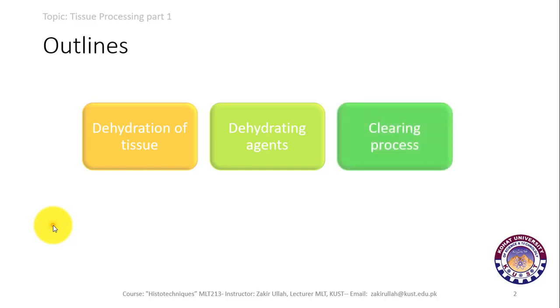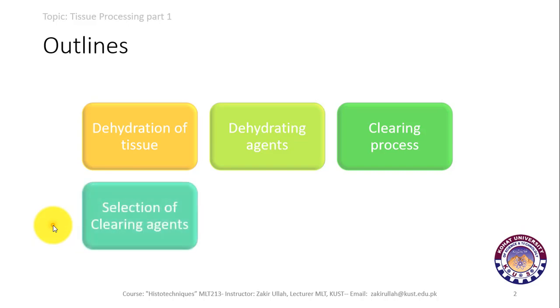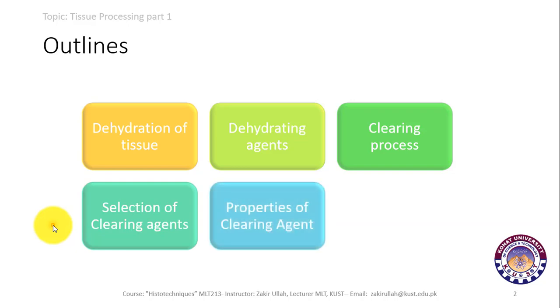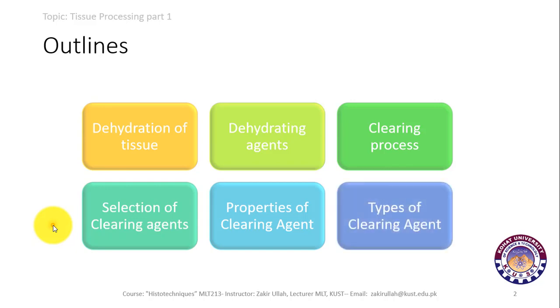After that, we will discuss the second step in tissue processing, that is the clearing process, how the tissue can be cleared from the dehydrating agent. Then we will discuss the selection of a clearing agent, how a clearing agent can be selected for this process, and the criteria on which the clearing agent is selected.